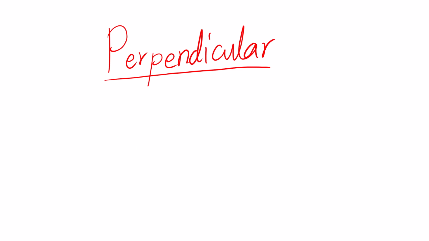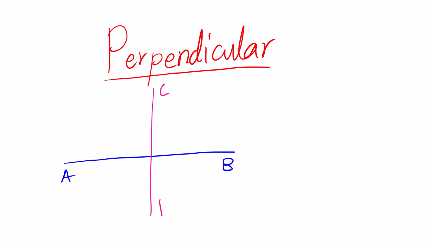Our next part of the lesson is perpendicular lines. Now, what do we mean, or when do we say two lines are perpendicular to each other? Let's say we have the first line, which is AB. Then we have the second line, which is CD. You can see that we have a point of intersection.